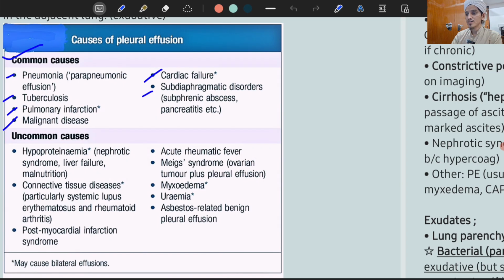Uncommon causes include hypoproteinemia due to nephrotic syndrome, liver failure, or malnutrition, connective tissue diseases like SLE and rheumatoid arthritis, and post myocardial infarction syndrome, also known as Dressler's syndrome, where there is also pericardial effusion.